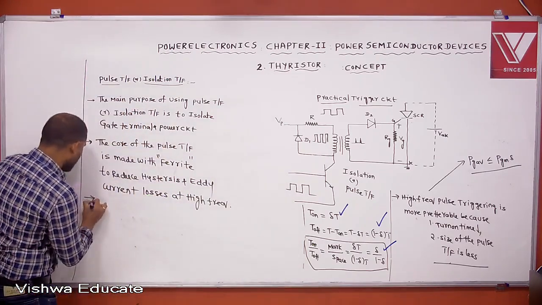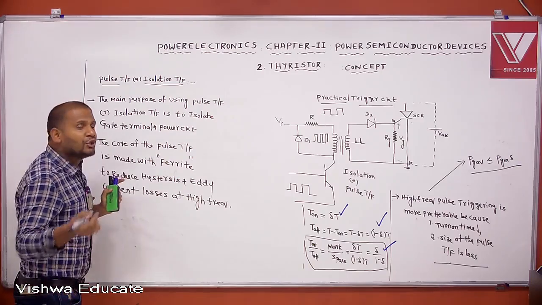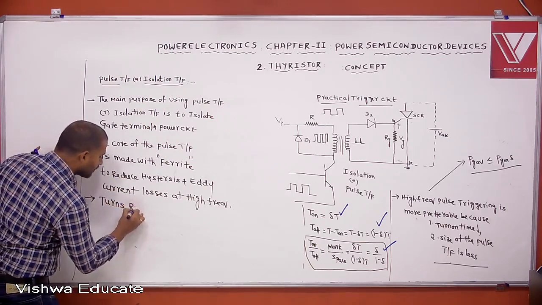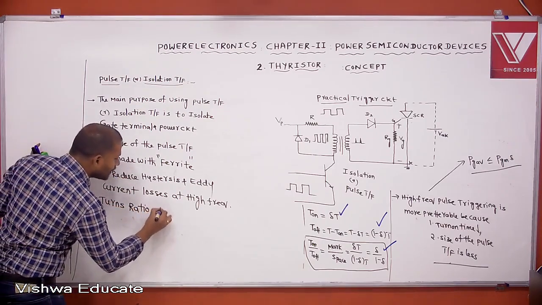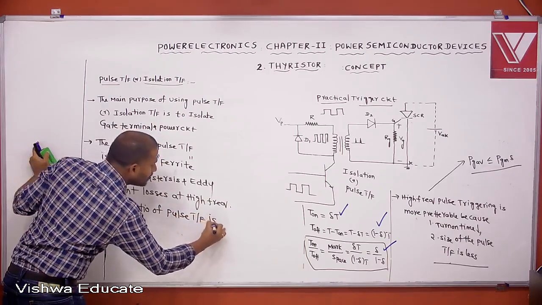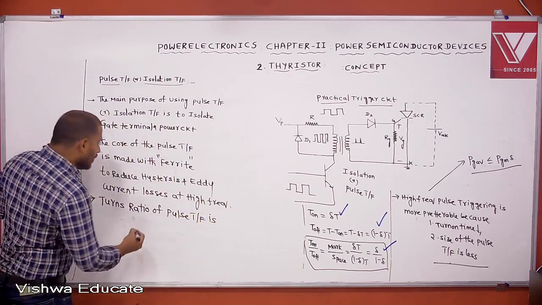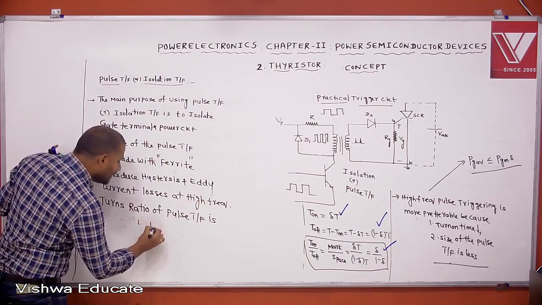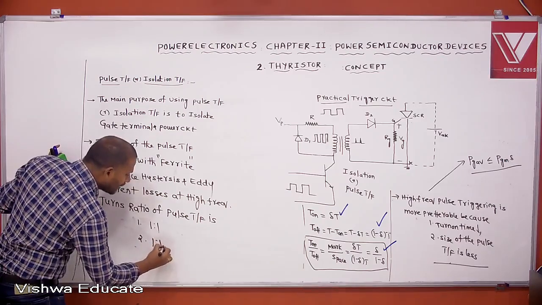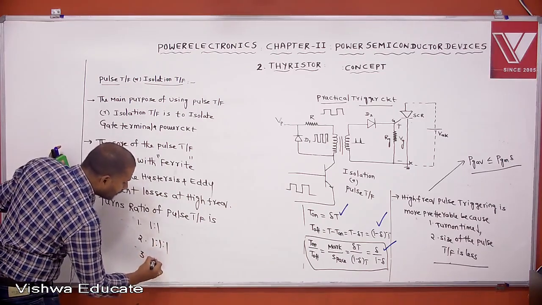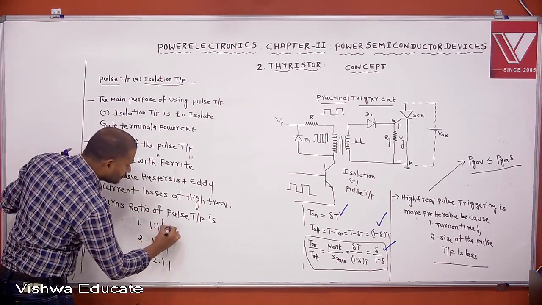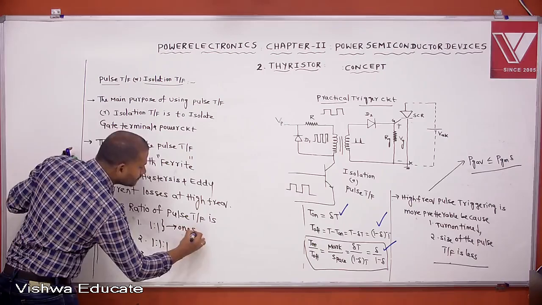Next, what is the turns ratio of the pulse transformer? We can define 1:1, or 1:1:1, or 2:1:1. The 1:1 is with one secondary.